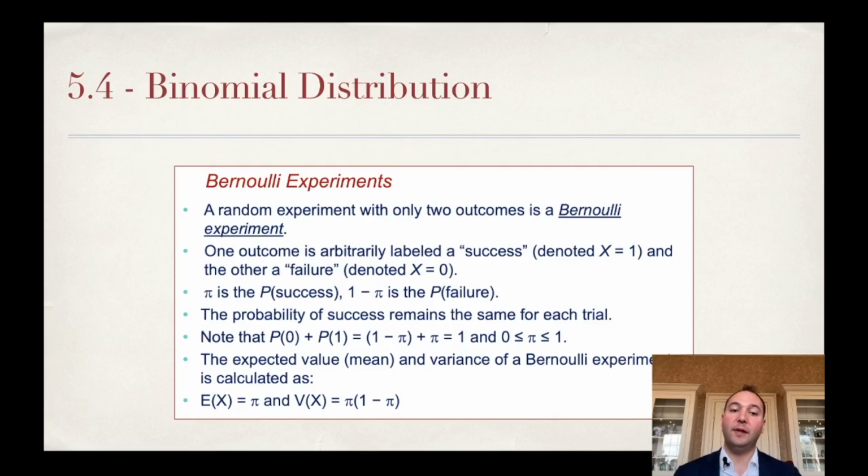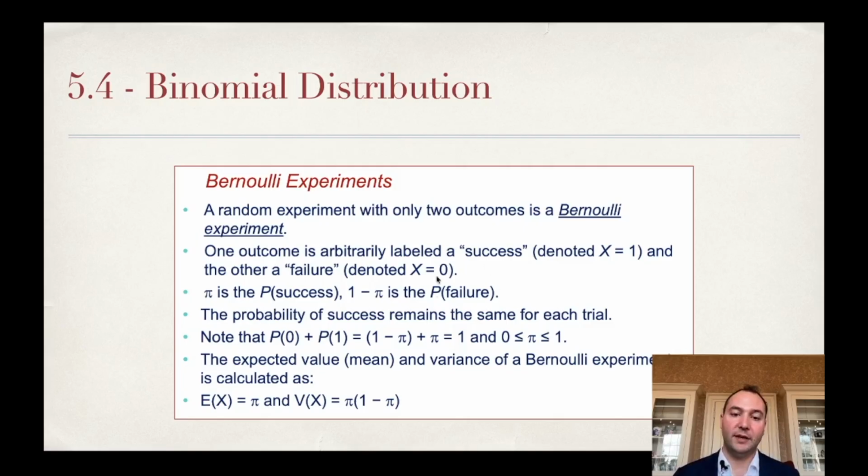Note that the probability of 0 and the probability of 1 is equal to 1 minus pi plus pi. So in total, this equals 1. Either the probability of success plus the probability of a non-success, the probability of a failure. These are the two options, and as we know, the total probability must equal 100%.